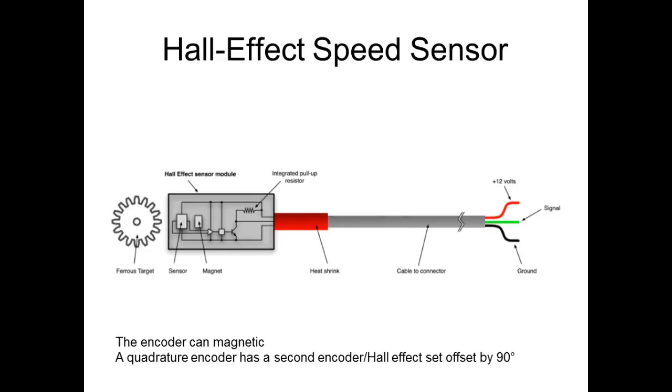Now the one we got has two sets of blades on there. It's got two Hall effect sensors, and they're all set 90 degrees apart. So ours would be called a quadrature encoder, right? Are we okay? I forgot where I got this. The encoders can be magnetic. I think the one we're getting doesn't have the magnet; the actual encoder itself is magnetic.